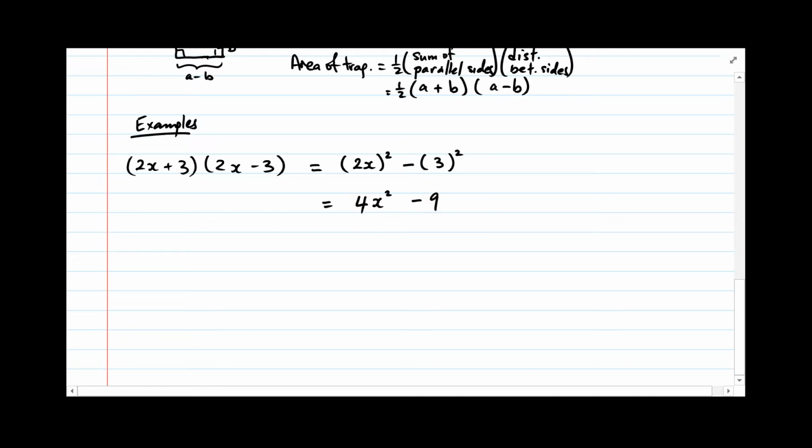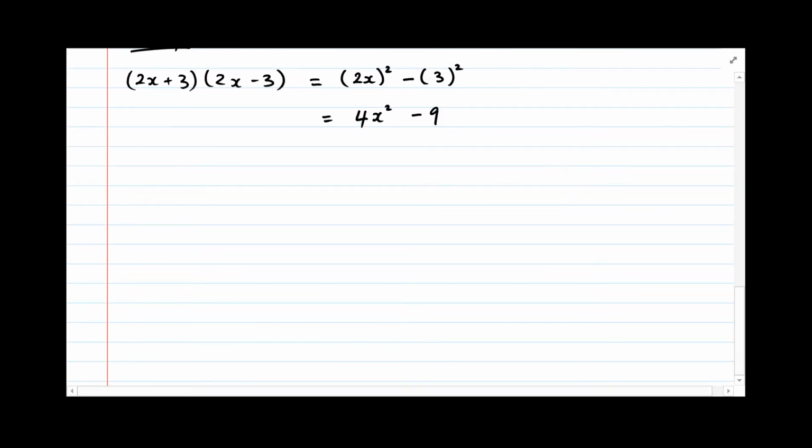Alright? If we look again, it doesn't matter what the numbers are. If I have, say, 5x minus 13y, and I make it annoying, 5x plus 13y. Again, you have a difference times a sum.